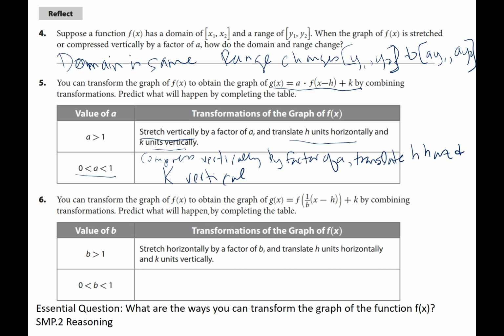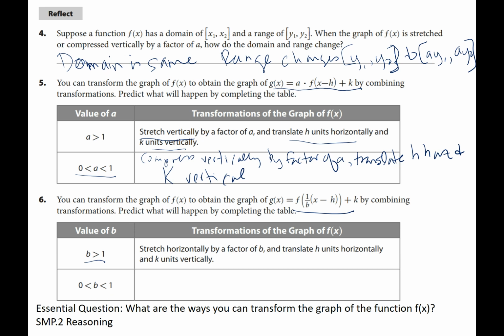You can transform to obtain this by combining transformations and predicting what will happen. When we do the b value on the inside, it's a horizontal stretch. We still translate h horizontally, k vertically.